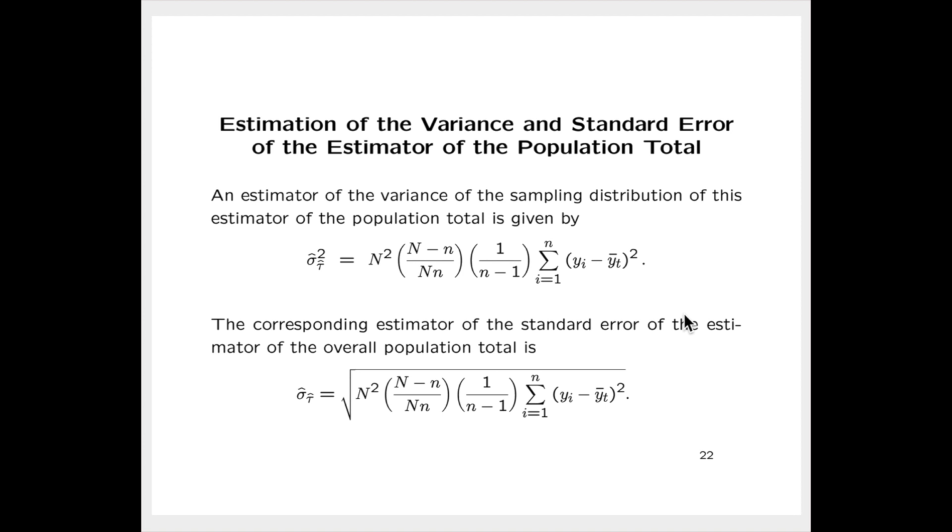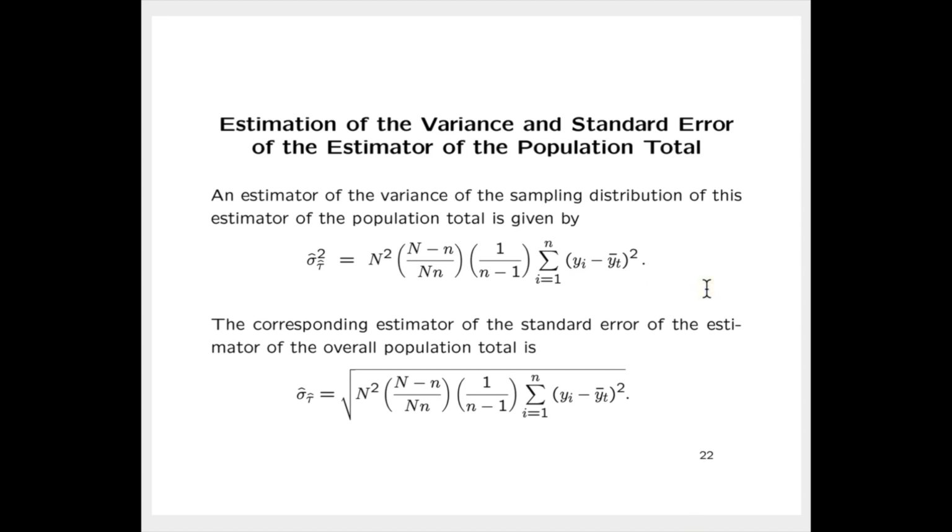An estimator of the variance of the sampling distribution of this version of tau hat is given by this expression here on slide 22. Notice that we have a slightly different expression in this summation. It turns out that if we take the 1 over n minus 1 times that summation, that is the variance of the yi values.